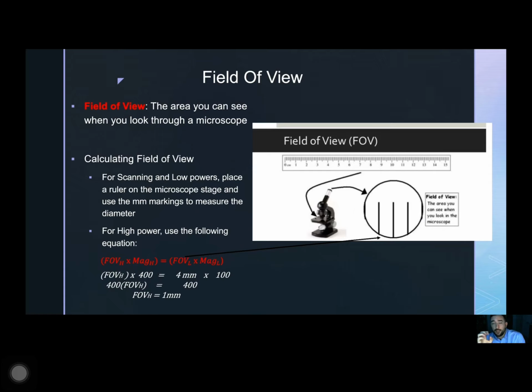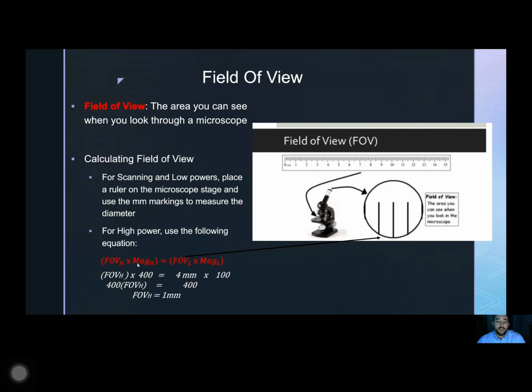If we were to increase the magnification to low power, so we're going from a total of 40 total magnification to 100, so we're increasing magnification, we would be getting closer to the ruler, right? If that happened, we might only be able to see like 2 millimeters instead of 4 because we're getting closer to it, right?